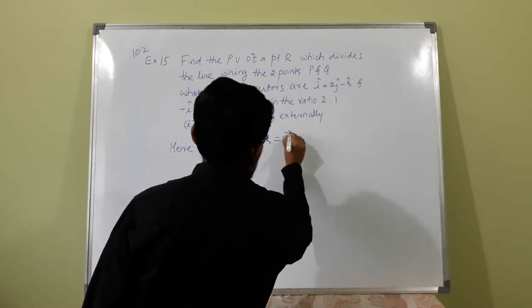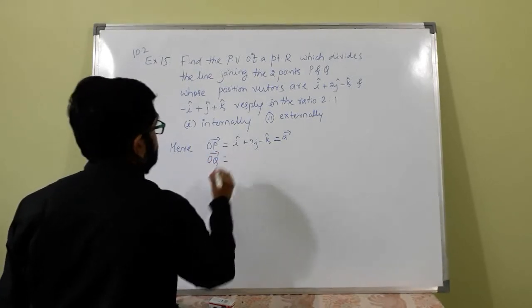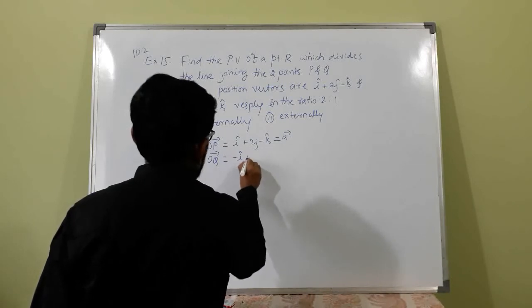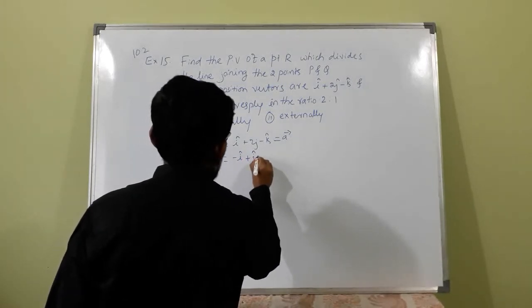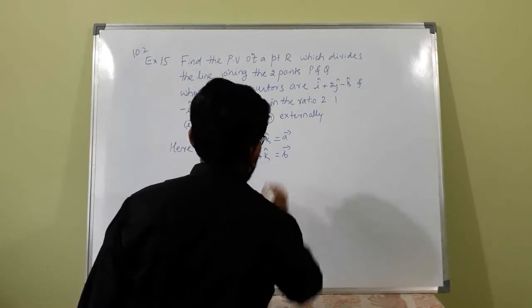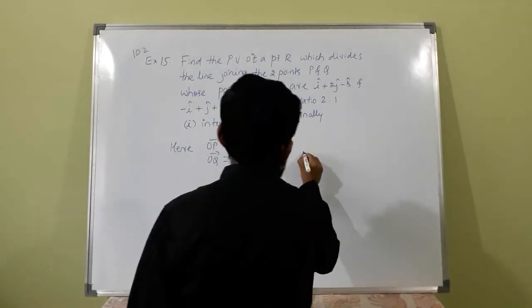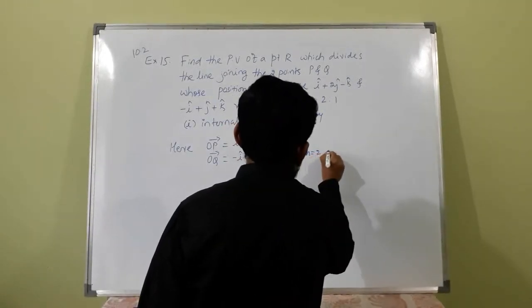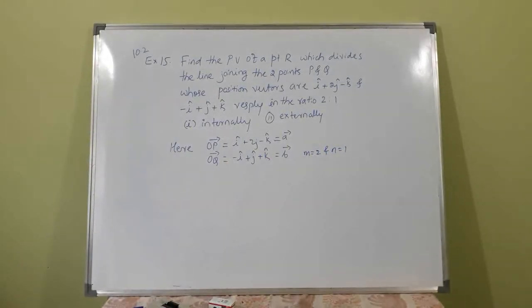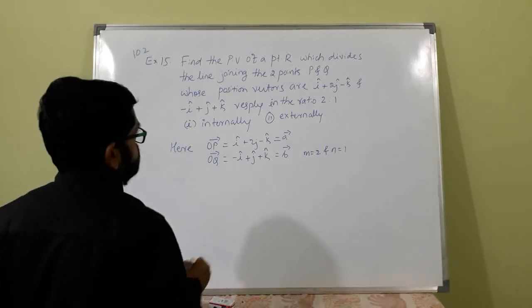Let us call it A. OQ is minus i plus j plus k, that is B. Here m is 2 and n is 1. Now R you have to find. What is R?